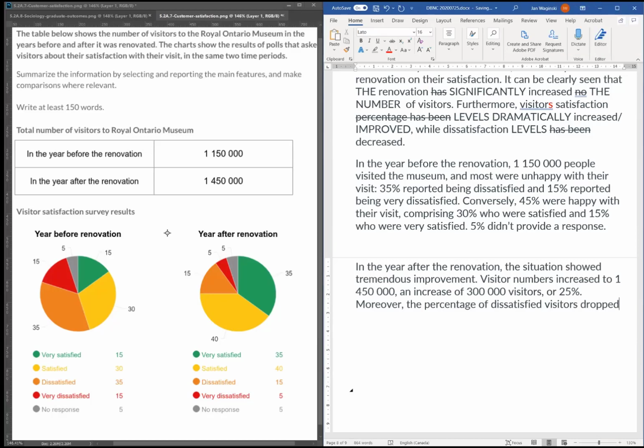Dissatisfied, 15% were dissatisfied. But total dissatisfied. 45. 45. 20%. Before renovation. This is the after renovation pie chart. Right, this is our second body paragraph. 20%. Yeah.